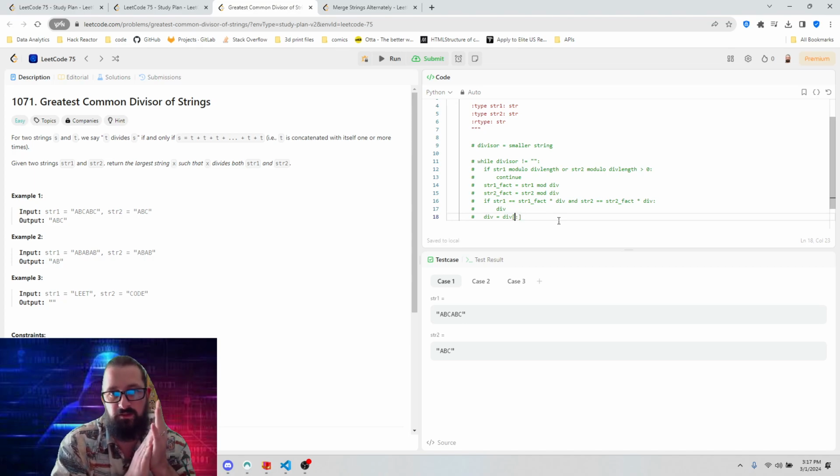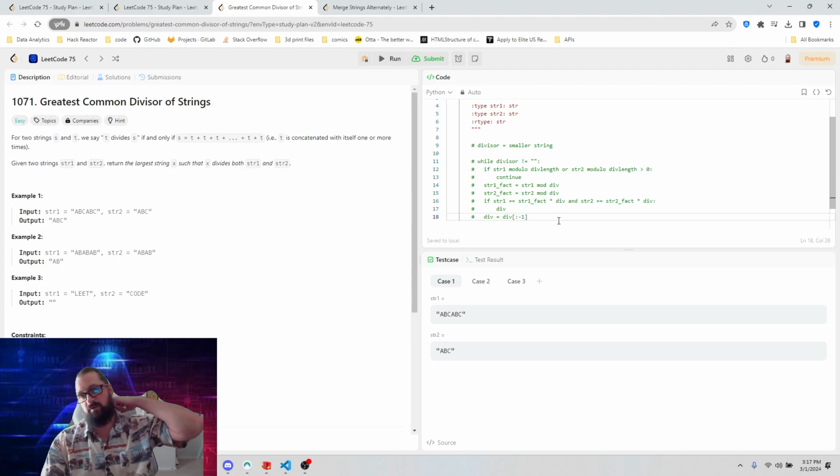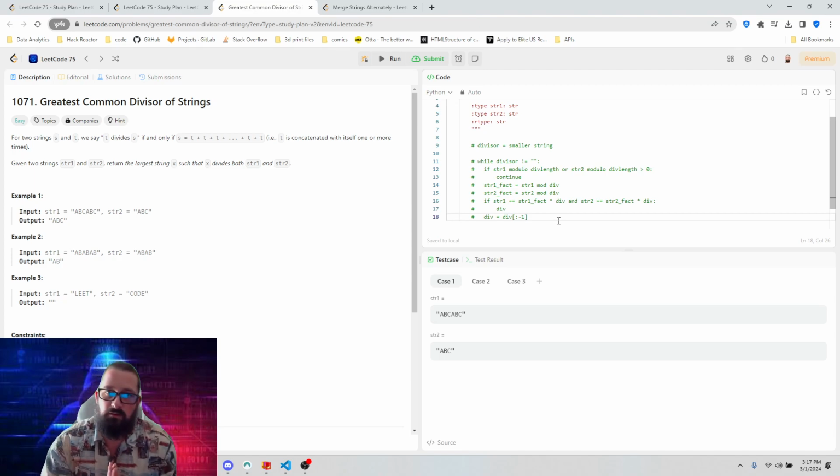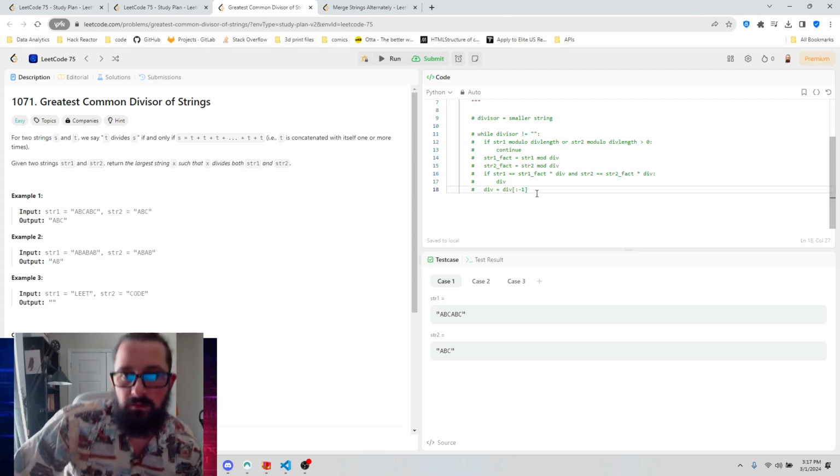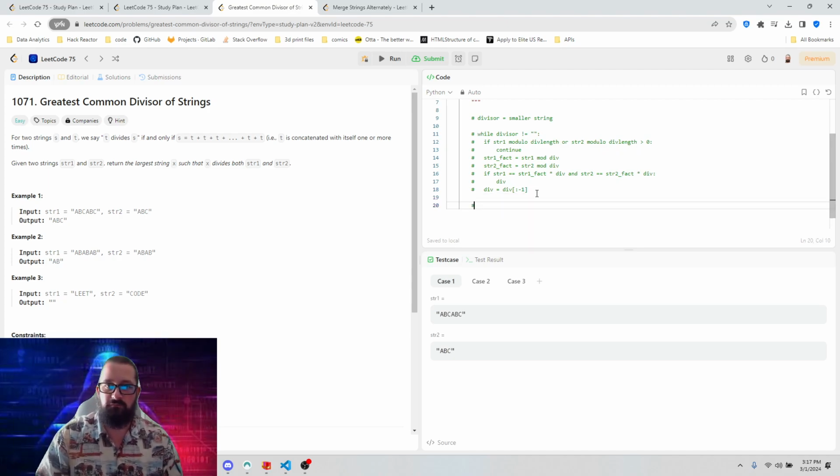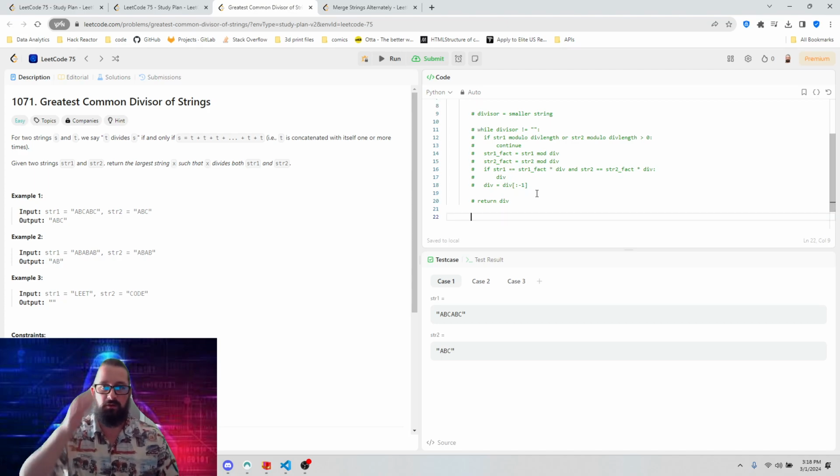So div equals div starting out, ending at -1. So it'll be one shorter than the previous. Now I know there's an opportunity to cut it down on the first one, but that means copying all this code basically. So let's move along for now. This is going to be return div. Okay, so let's make this real code.